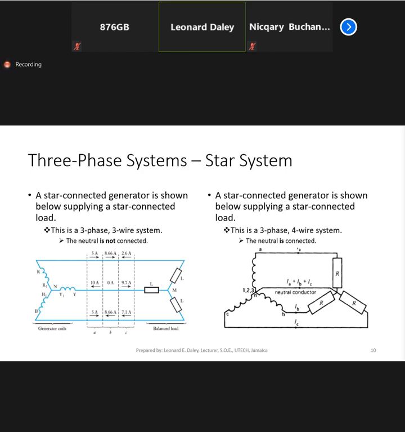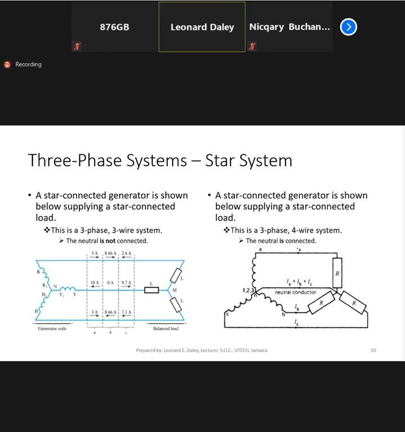And the diagrams here show you two three-phase systems, a generator connected to a load via some lines. Is it that the delta doesn't have a neutral connection?